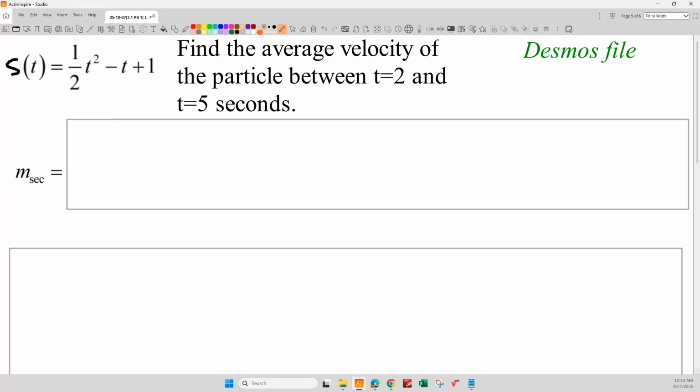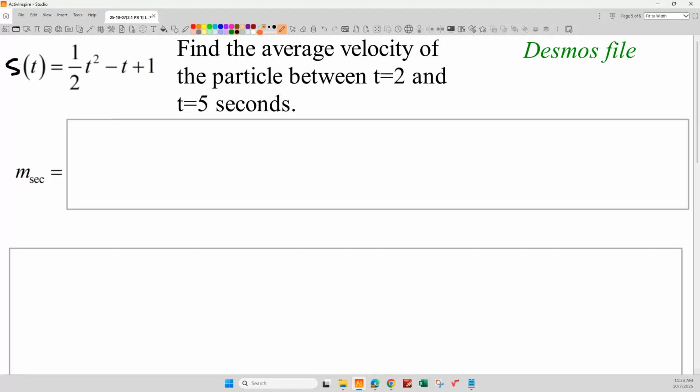Now how would I find the change in position? So s of 5 minus s of 2. Could I do it as s of 2 minus s of 5? No, it wouldn't make sense, right? It's got to be the final value minus the initial value. What does initial and final mean?